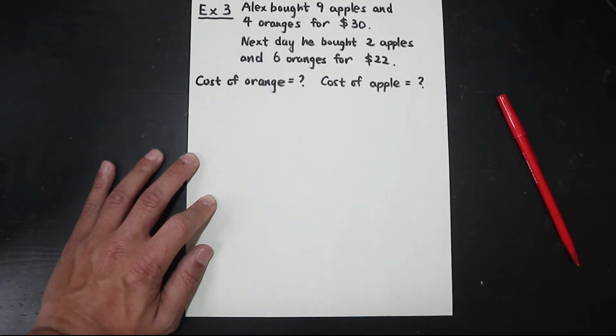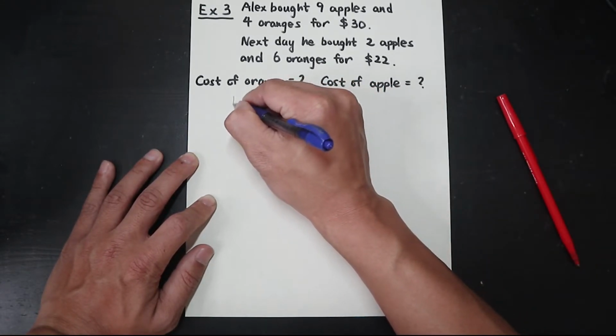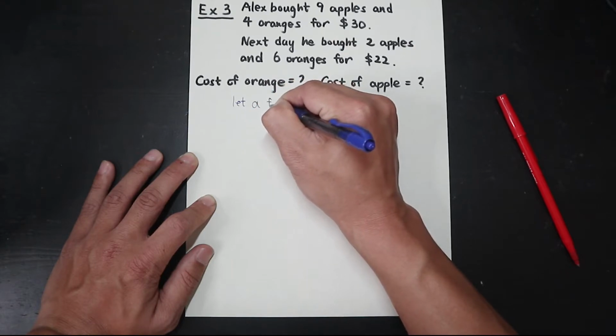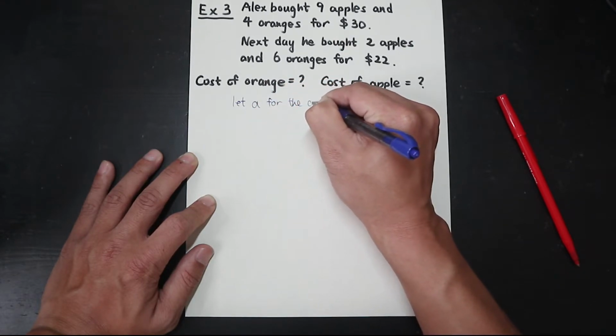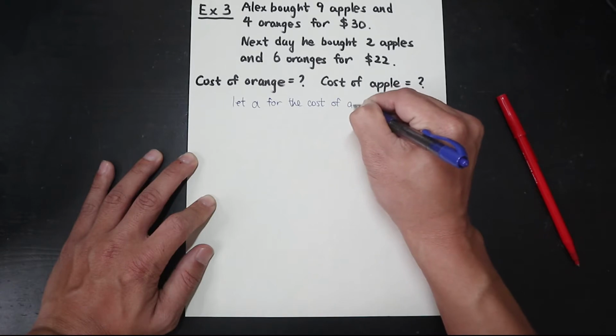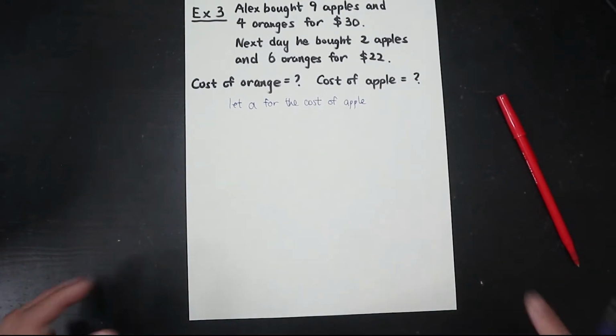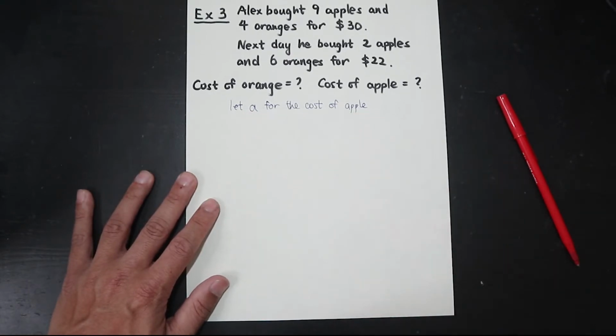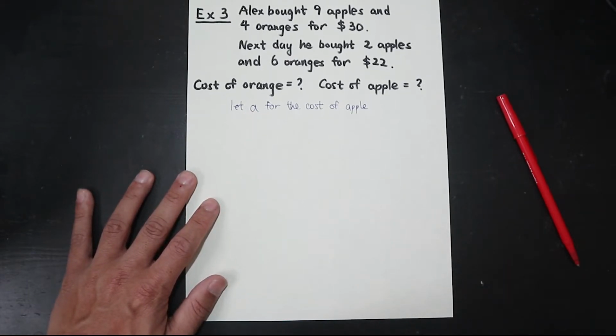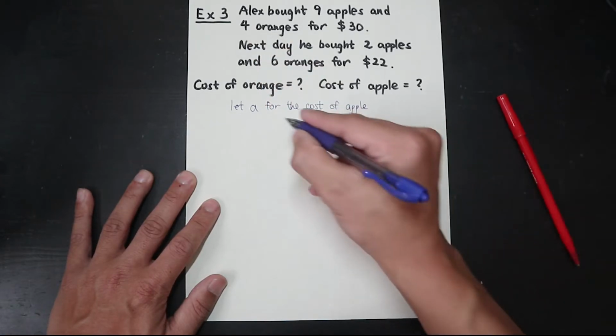Well, to do that, let's define some variables. Let's say I'm going to use A for the cost of apple. So I first have to define what A stands for before I forget, so I'm going to write it here to remind myself. And for oranges, I don't want to use O because it looks like it's 0. Maybe I'll use R, right?